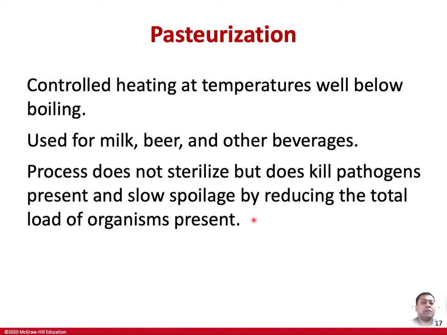It passes through a small heat exchanger where it is very quickly brought to a temperature of 72 degrees Celsius, and the exposure time is only 15 seconds. Just after 15 seconds of exposure, it is immediately brought down to 4 degrees Celsius again. So this is known as flash pasteurization, routinely used for milk.